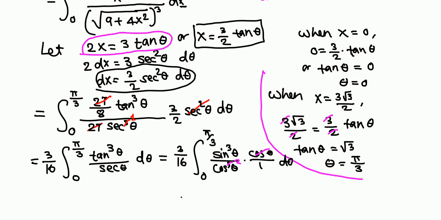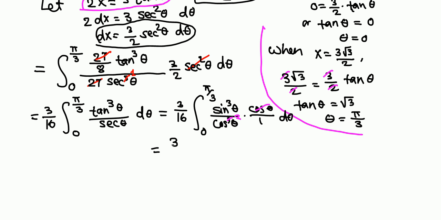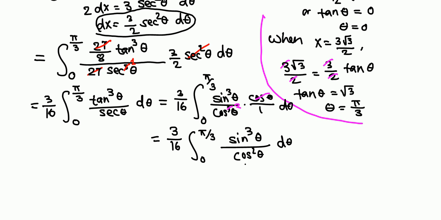So we have now 3 over 16, 0 through pi over 3, sine cubed theta over cosine squared theta. Though this is a quotient of sine and cosine, it works the same way as when we have a product of sine and cosine.